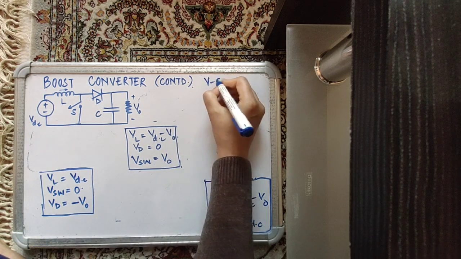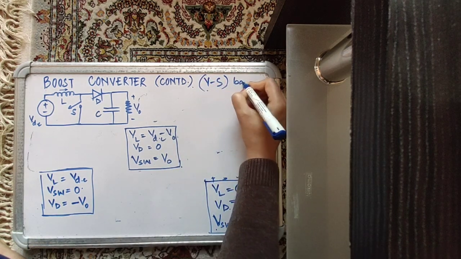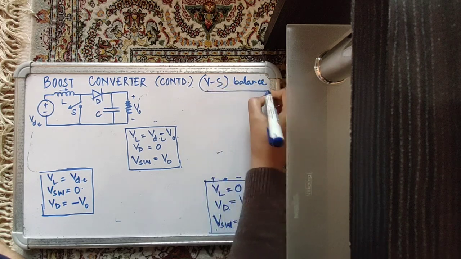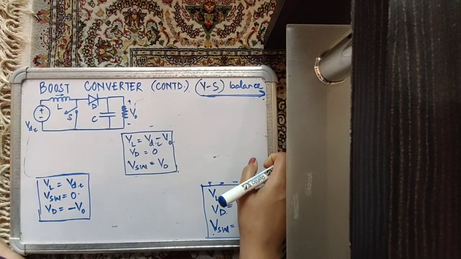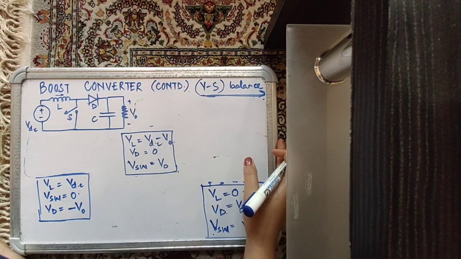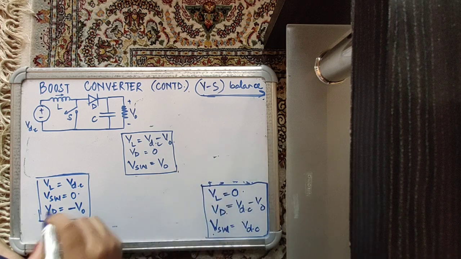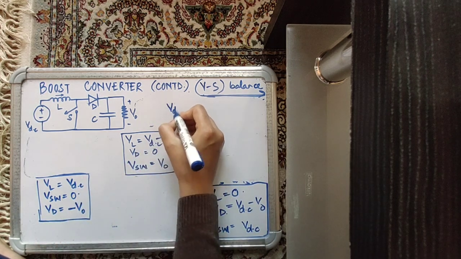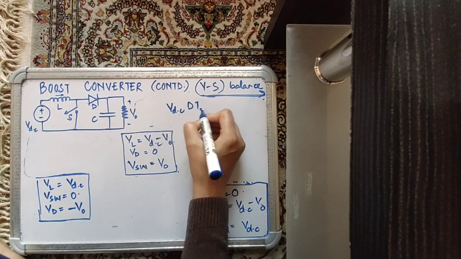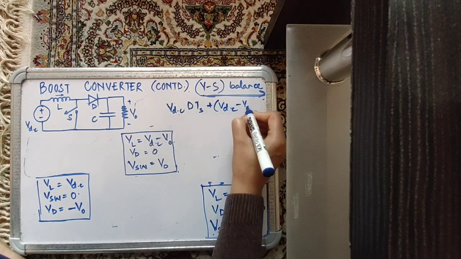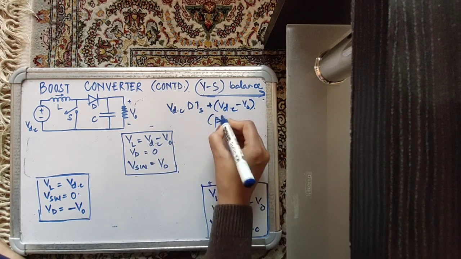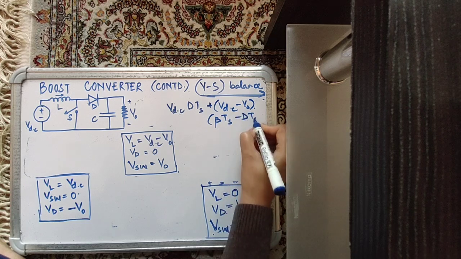From volt second balance, we know that the product of voltage and time for an inductor, the summation of all those products over a period, should be 0. So in the first interval it is VDC, and the interval duration is DTs. Then in the second interval it is VDC minus V0, and the interval duration is beta Ts minus DTs.